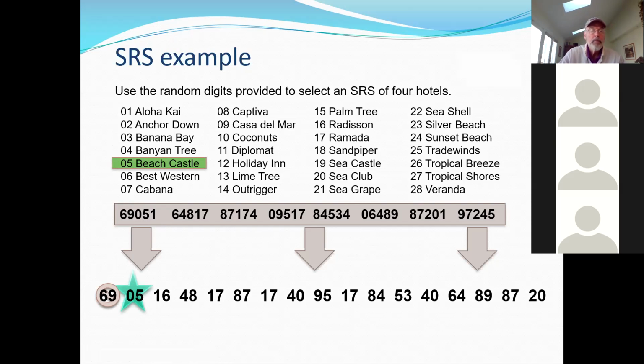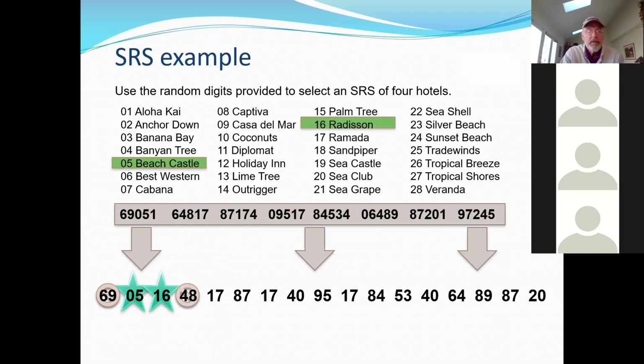We run our number right down here, 1, and then the next digit is 6, or 16. And lo and behold, we have that one too. The Radisson is 16, so we'll keep that number too. We do this going all the way down the row. 48 would be the next, 17 the next, 87 the next.